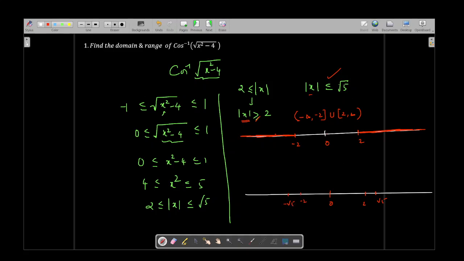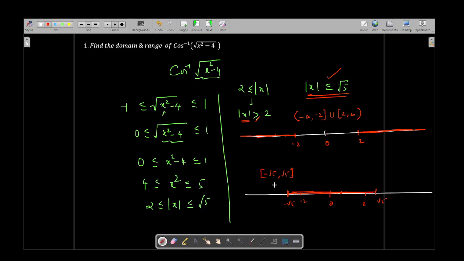Now the inequality is saying the distance from the origin should be less than or equal to root 5. So that will be this region: if you take any point, the distance will be less than root 5. So this is my interval for this one, which is minus root 5 to root 5.